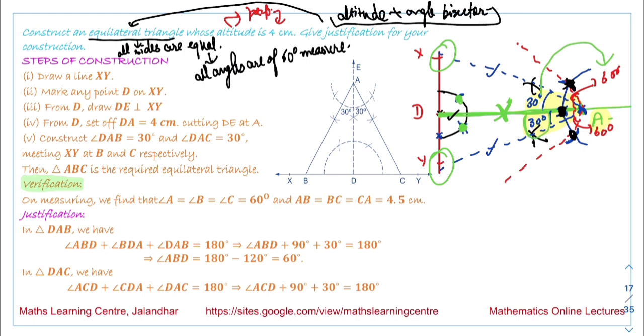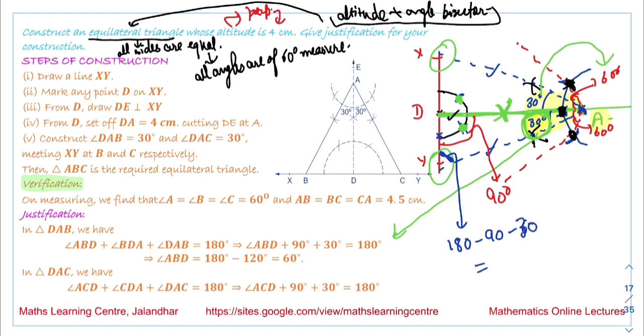If this angle is 30 degrees at this point, we know that this angle over here is 90 degrees because AD is the altitude. Then the angle at this point Y will be 180 minus 90 minus 30, which is equal to 60 degrees. So this angle is 60 degrees.